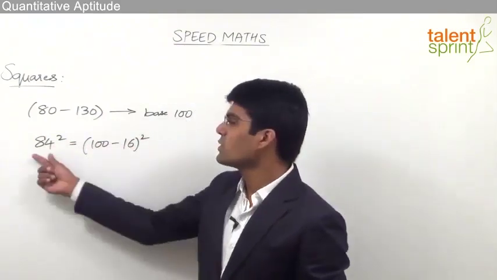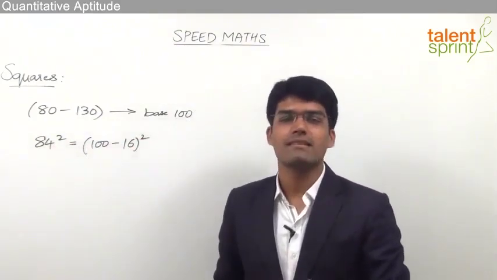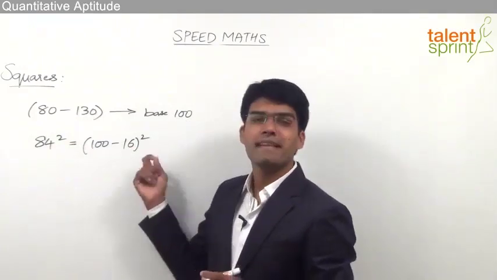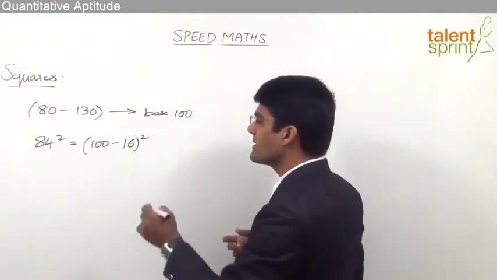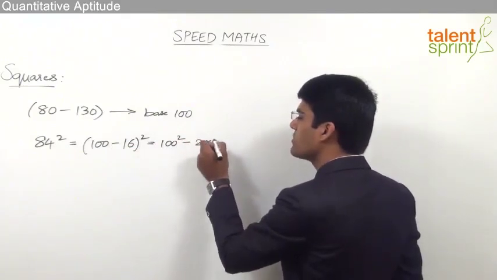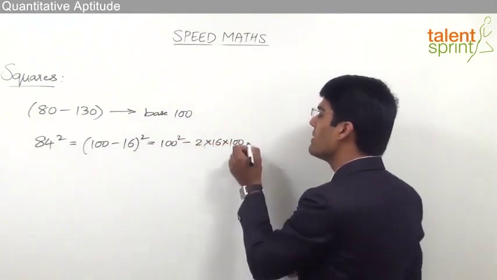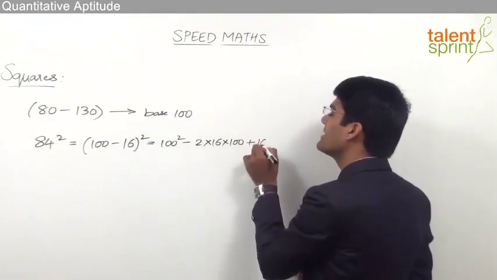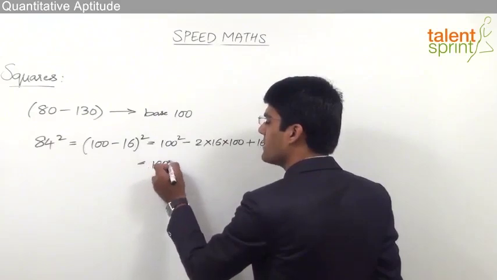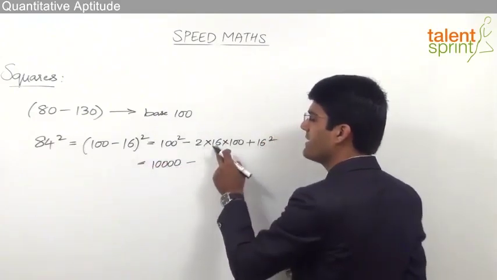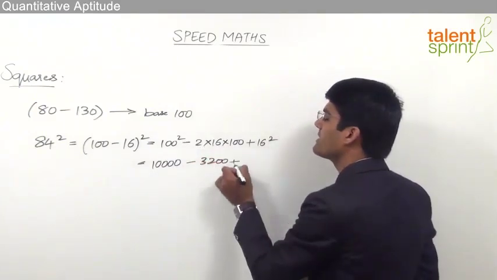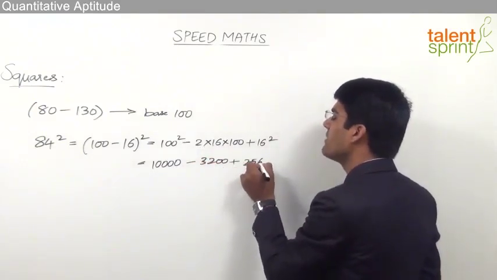Generally we feel that 84 should be taken as 80 plus 4, but that is really very difficult when compared to this method. So always take it as 100 minus 16. Now if we try to expand this, we get the first term as a square, that is nothing but 100 square, minus 2 into 16 into 100, 2ab, plus b square, that is 16 square. 100 square is nothing but 10,000, minus the second term here, 2 into 16, 32, into 100, 3,200, plus the last term here, 16 square, which is 256.